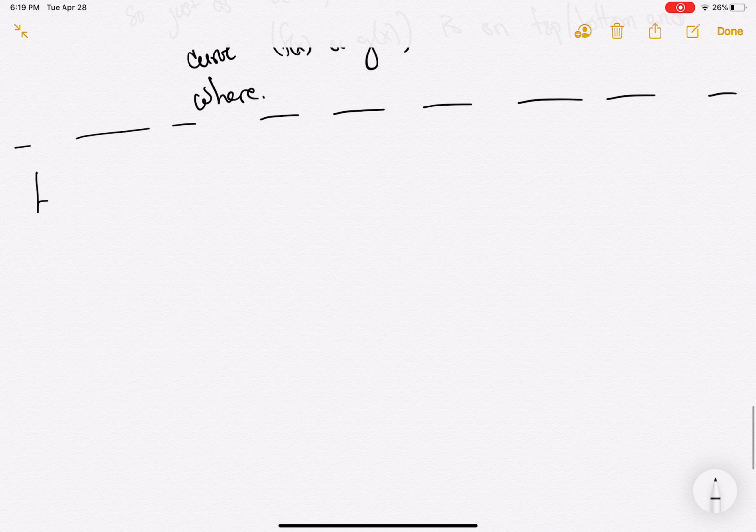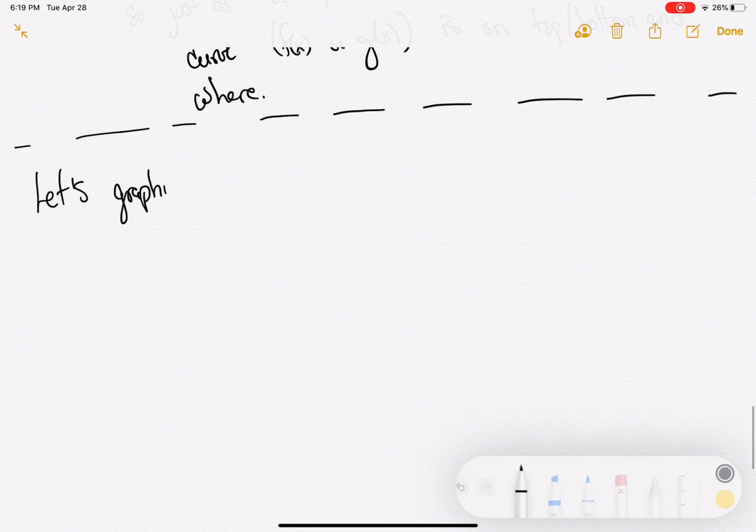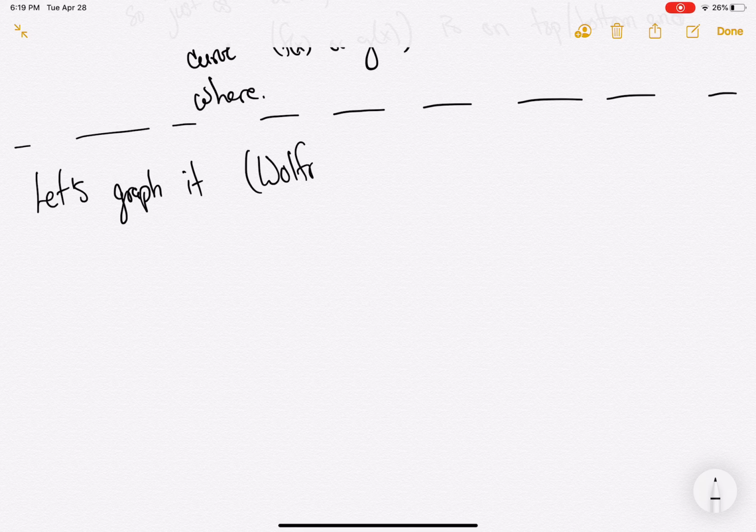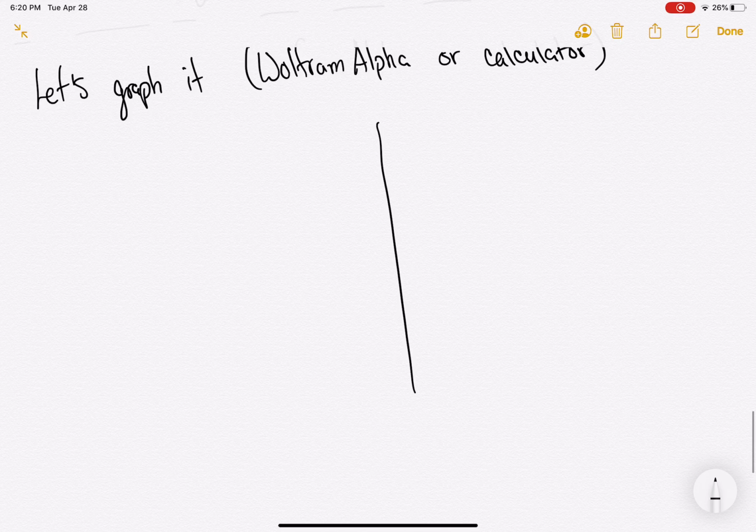Let's graph. And of course, you can use Wolfram Alpha or your calculator to graph this if you want. So what does it look like?